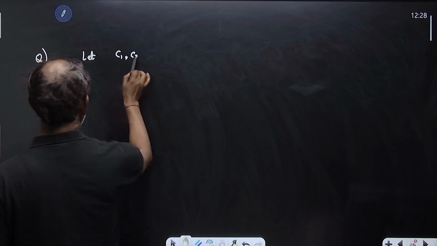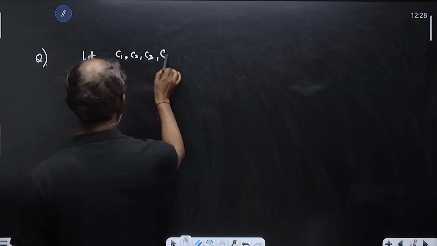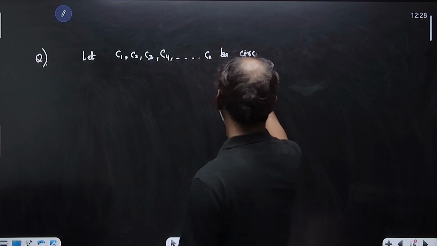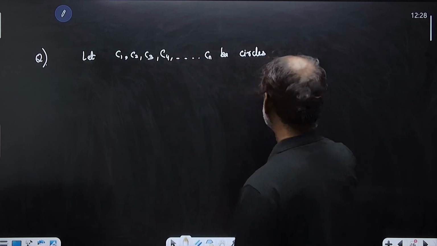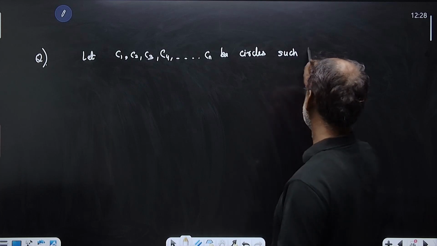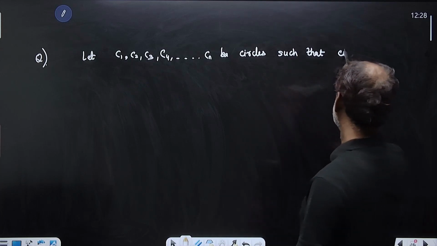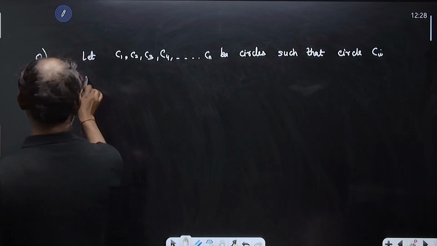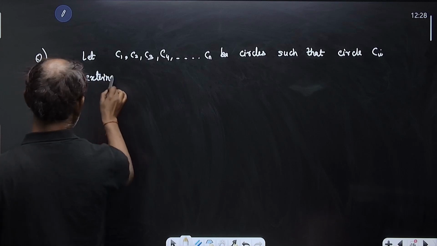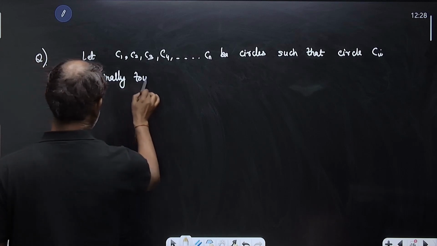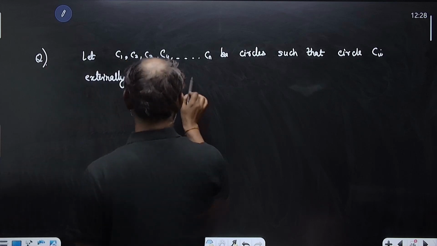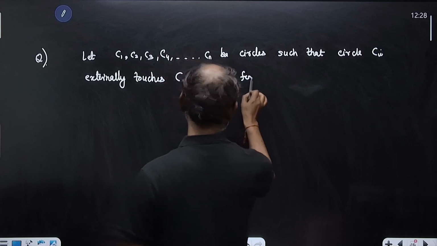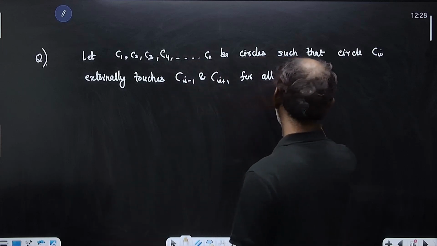let C1, C2, C3, ... Cn be circles such that circle Ci externally touches Ci minus 1 and Ci plus 1 for all i.